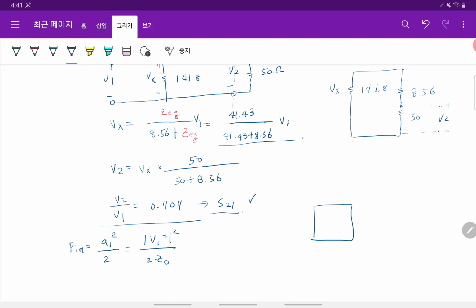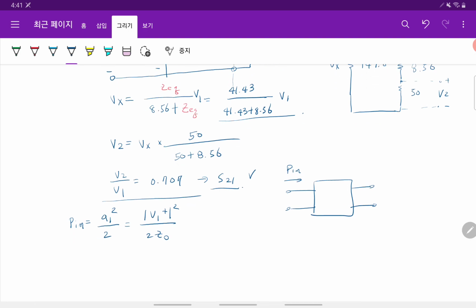So we have a two-port network. P in. How much power is coming out from this network can be calculated as this, right? So this is P1, and this is P2.